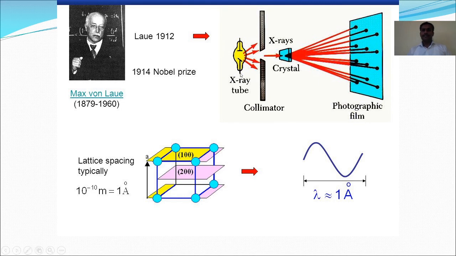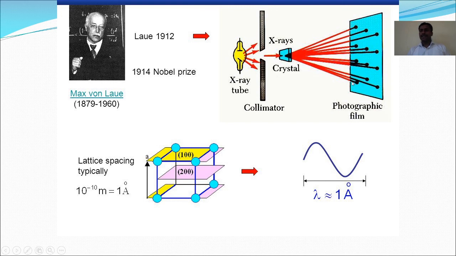Whenever X-rays are produced in the X-ray tube, they pass through the slit. Here these X-rays are polychromatic, and they are converted into monochromatic, passing through the slit or polychromator. The incoming sharp monochromatic X-ray falls on a crystal, which is mounted on a crystal holder, and then the diffraction pattern is obtained on a photographic plate.